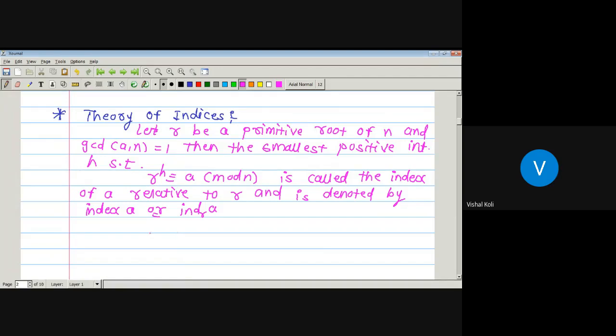Okay, which is also written as a is congruent to r to the power index of a modulo n.